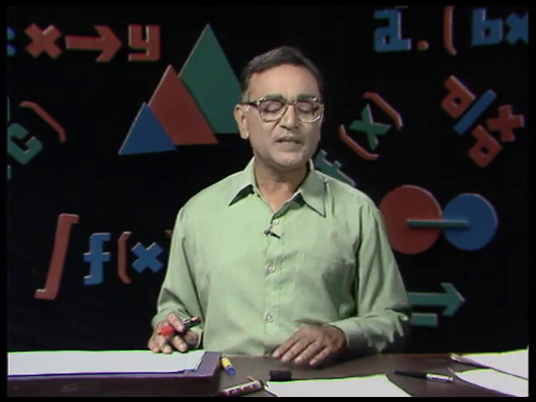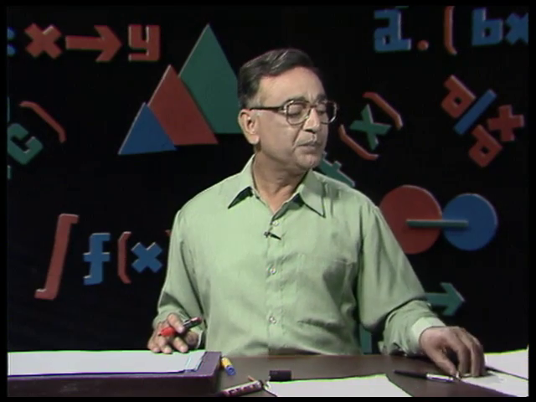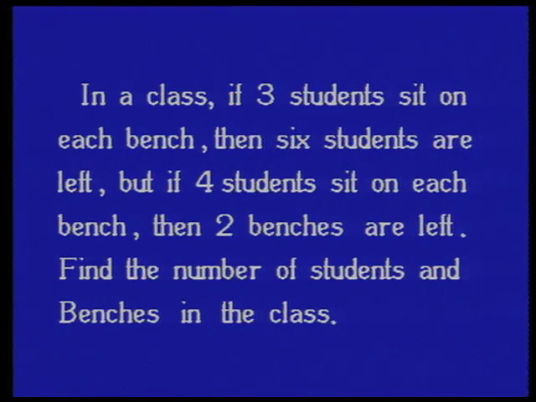Now, this problem concerns a classroom. In a class, if 3 students sit on each bench, then 6 students are left. But if 4 students sit on each bench, then 2 benches are left.